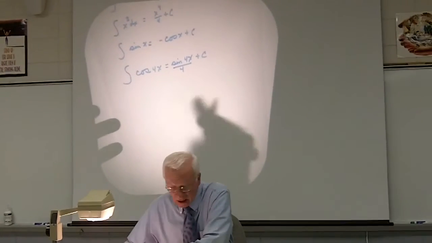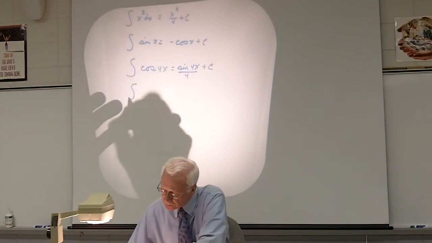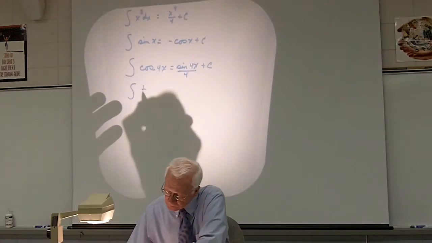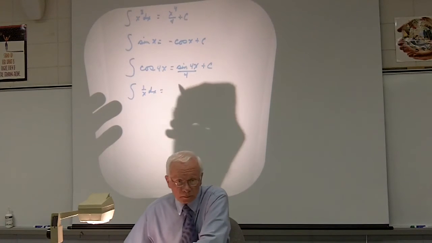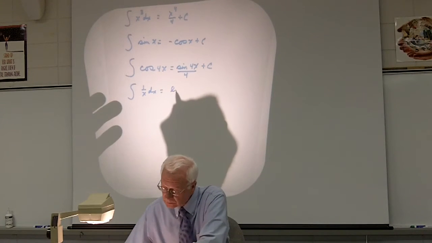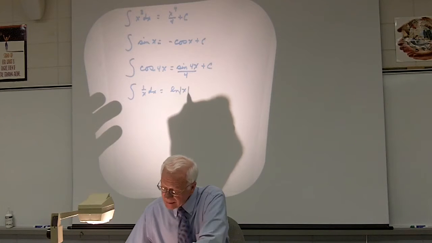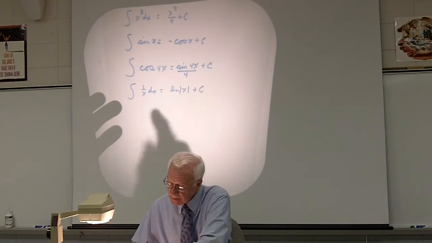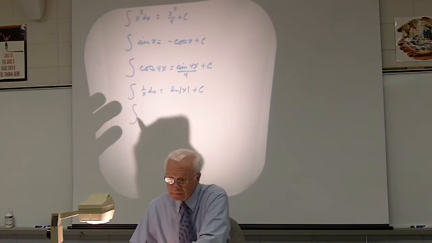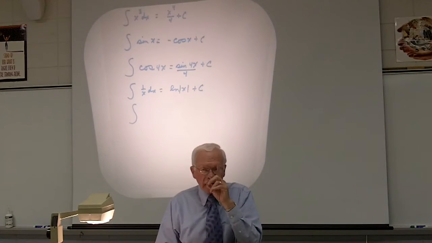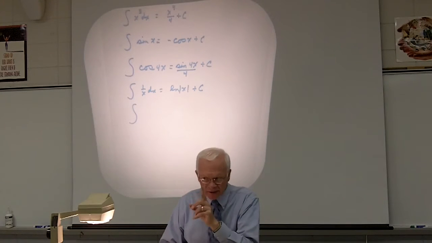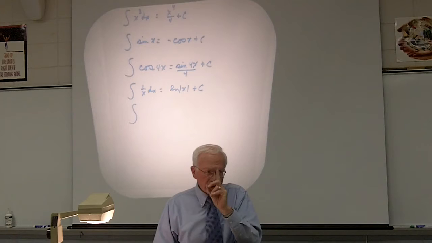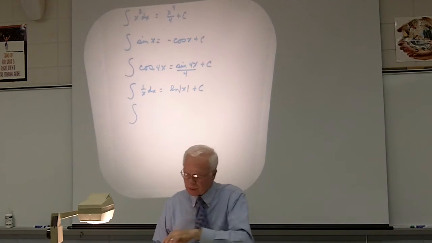I'll do two more. Here we go. How about this one? ln of x. It actually happens to be the absolute value. Now this one, I will not ask the question on a test, but it's one that says, hey, this looks interesting.